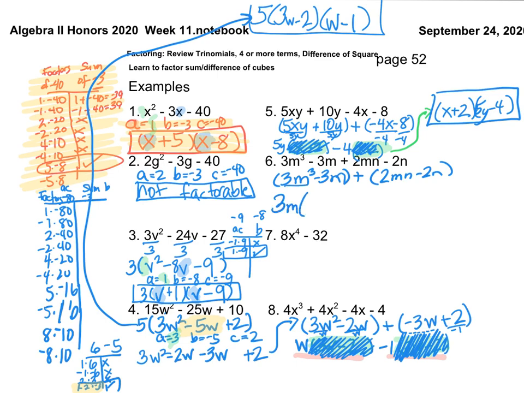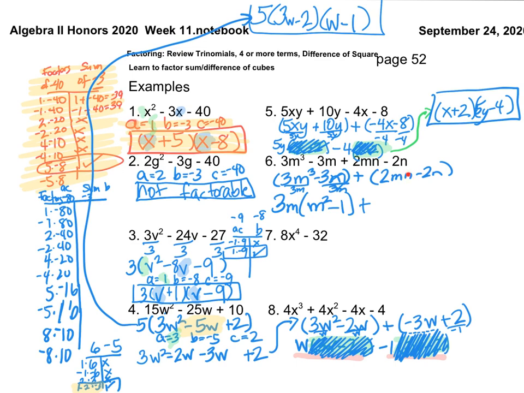So when I divide both of these by 3m, I am left with 3 divided by 3 is 1. M cubed divided by m is m squared. Negative 3 divided by 3 is negative 1. M divided by m cancels out. I'm going to bring down my plus sign. This group has 2 in common for sure. I see the 2's. And they do both have n.